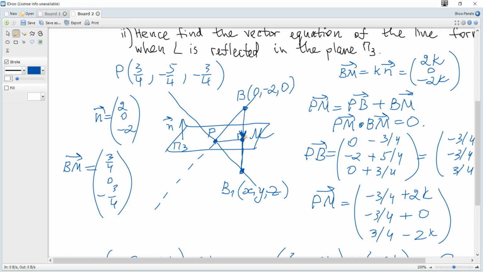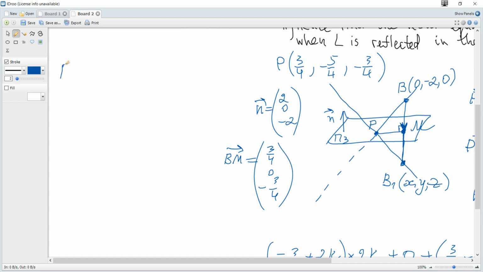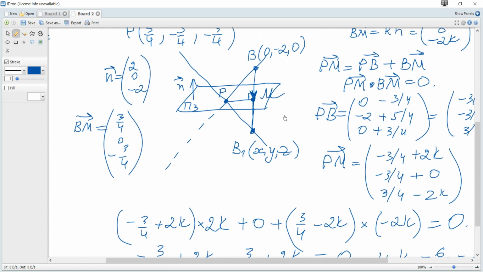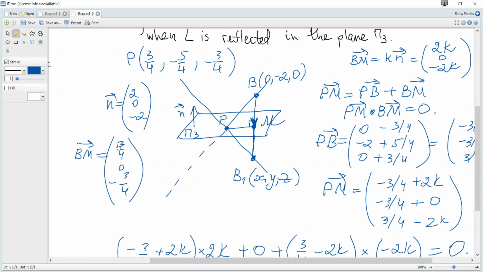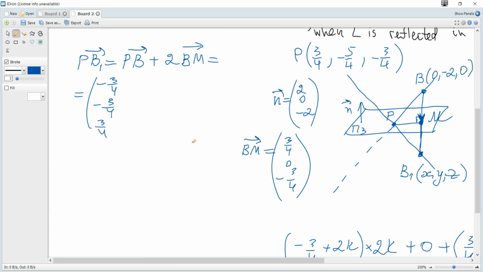And we can consider the PB1 vector. It's the PB vector plus 2 times the BM vector, and it is equal to PB, which is (-3/4, -3/4, 3/4), plus 2 times BM, so (6/4, 0, -6/4).